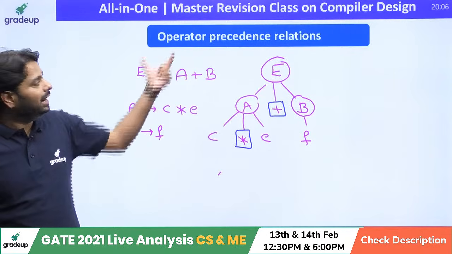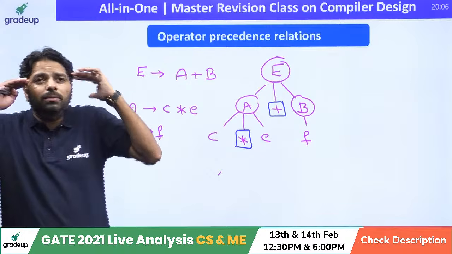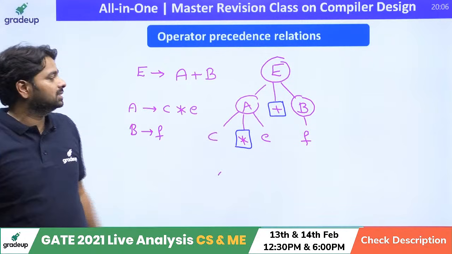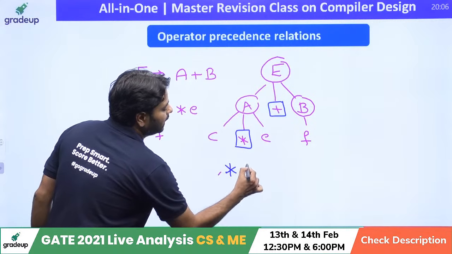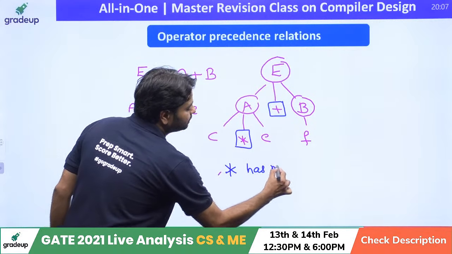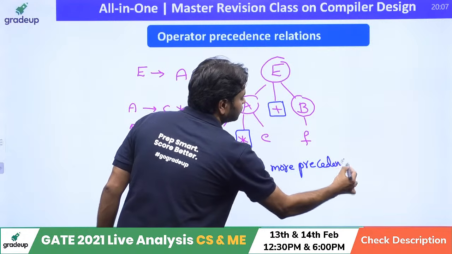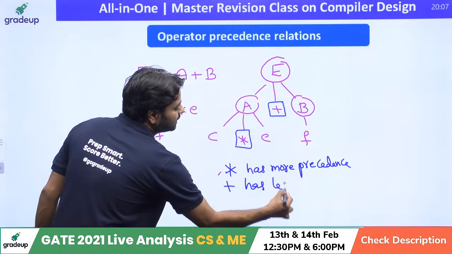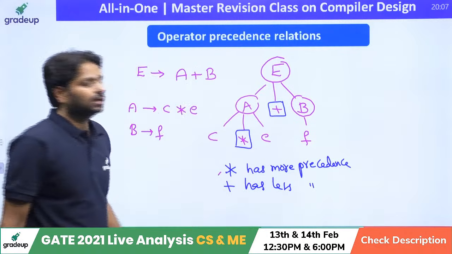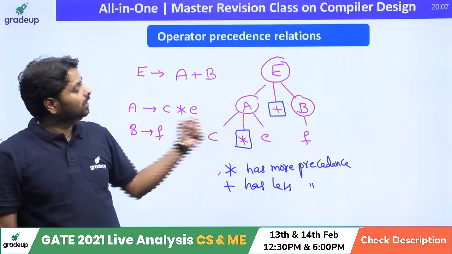In the exam, they might give the grammar or they might give the parse tree. If you are able to realize the parse tree, the answer is going to be easy. So star has more precedence than plus, and plus has less precedence. Clear this point, everybody? But star has to come to the left side of the plus, not the right side.